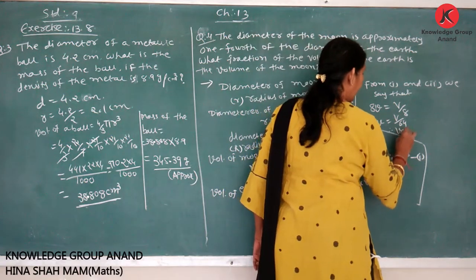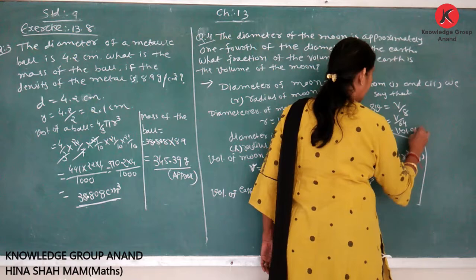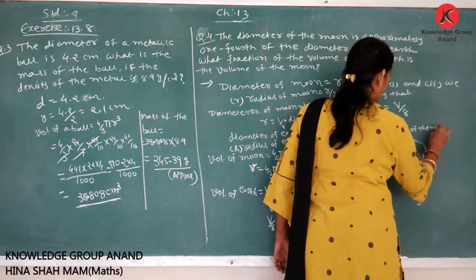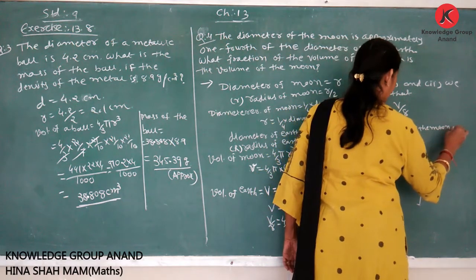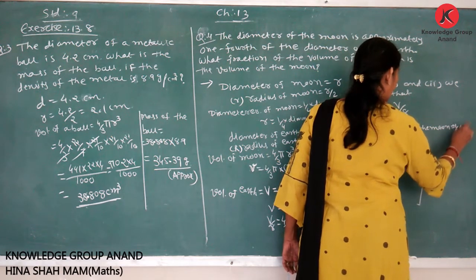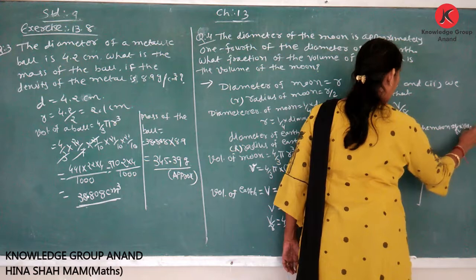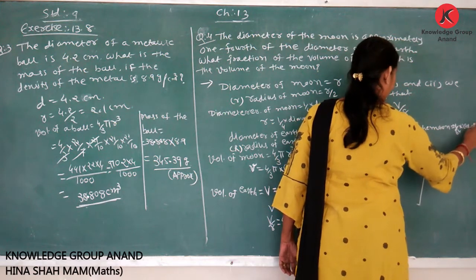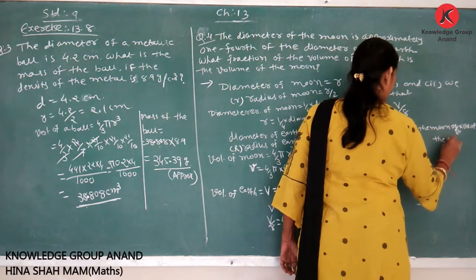Therefore, volume of moon is equal to 1 by 64 into volume of the earth.